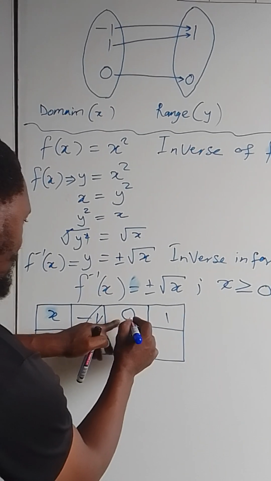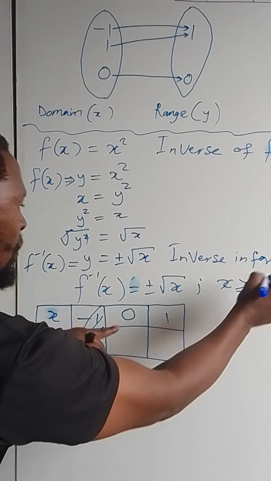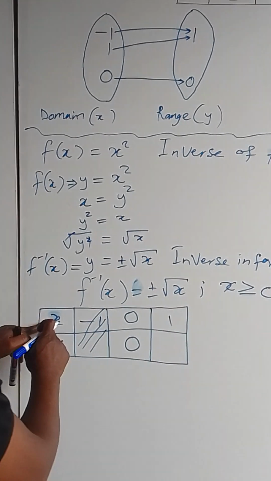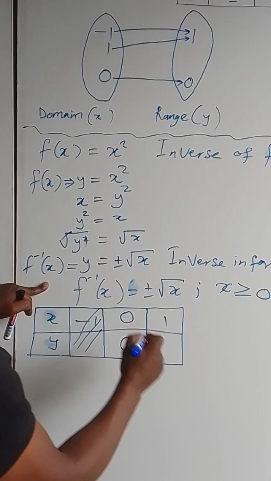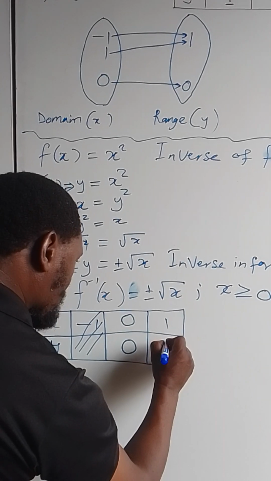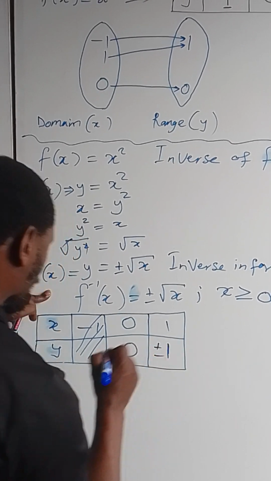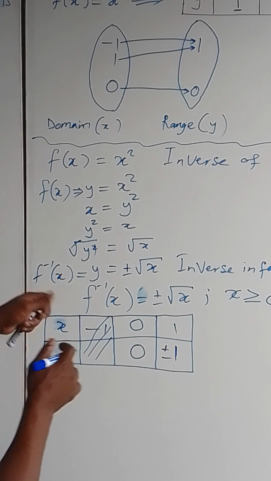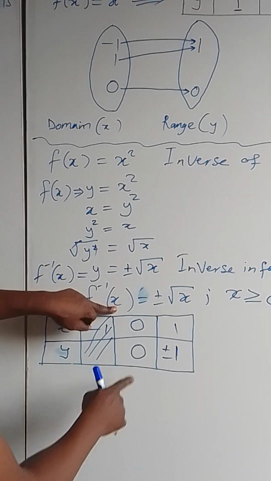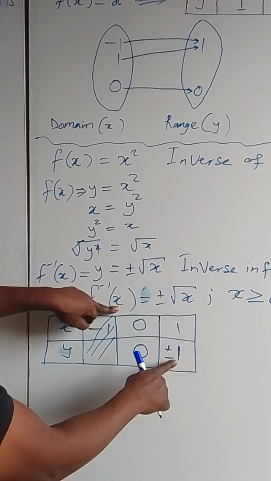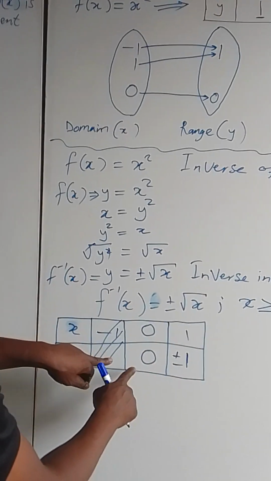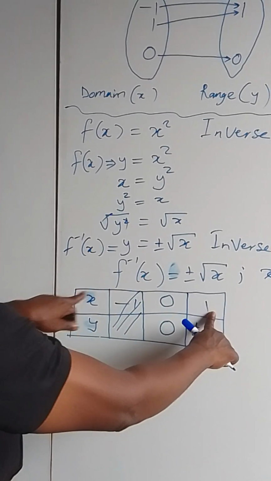So at 0 is 0, and then at x is 1, your y is plus or minus 1. You put your 1 here. Here is your 1. x is 1.